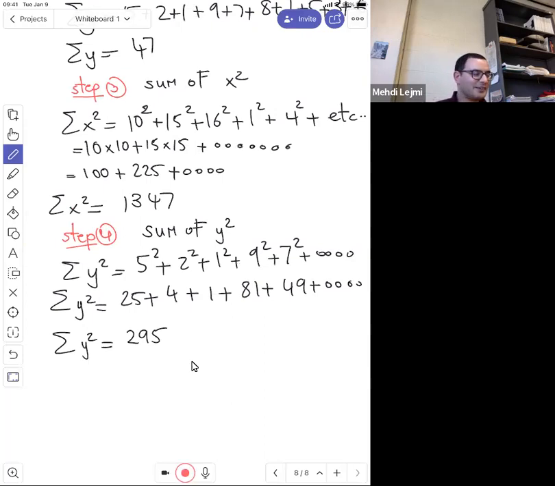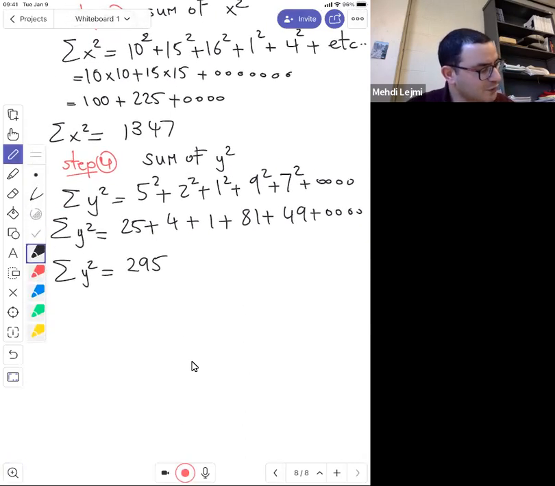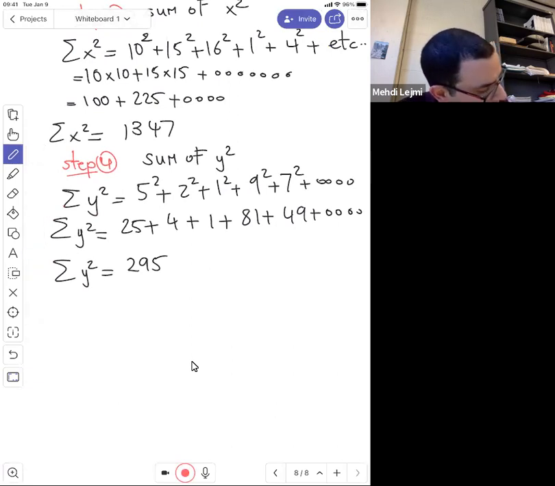So next, step 5, we need to multiply x by y and take the sum. In the homework and the test, guys, this is a lot of computation. This is kind of crazy, I would say. It's a lot, unless you have very small data, like 4 or 5 data pairs.